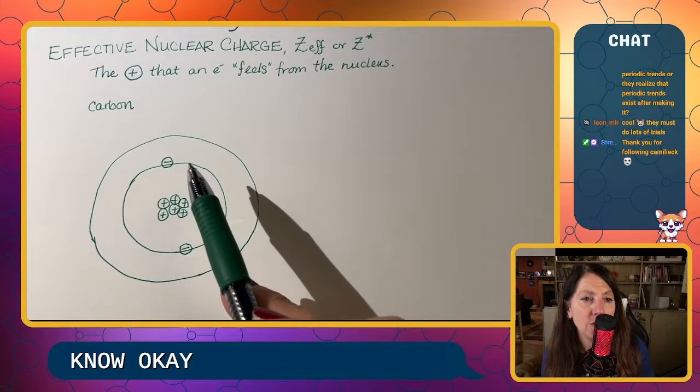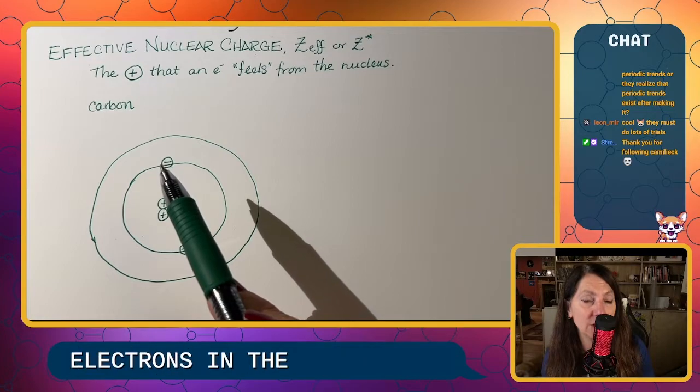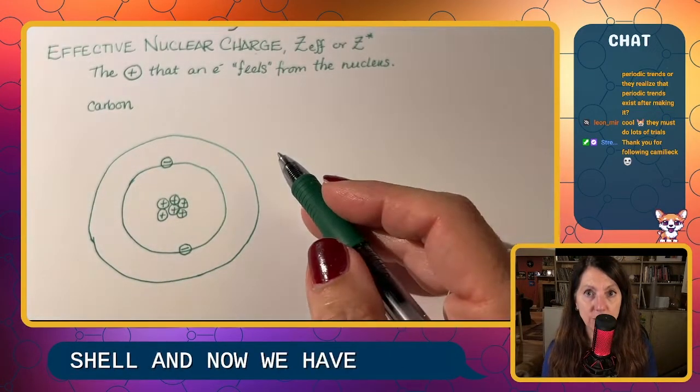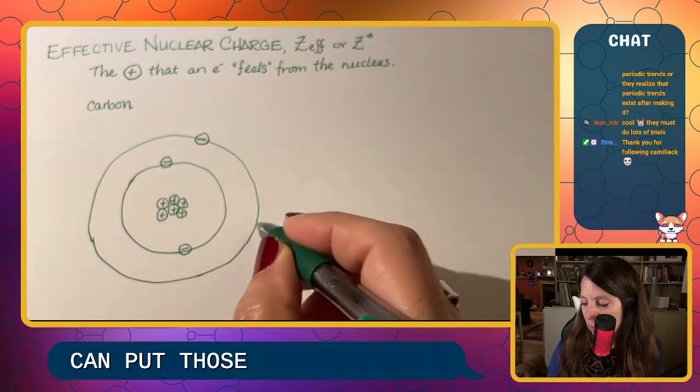So far for carbon, we've drawn these 2 electrons in the inner shell, and now we have those 4 remaining ones, so we can put those really anywhere we want.